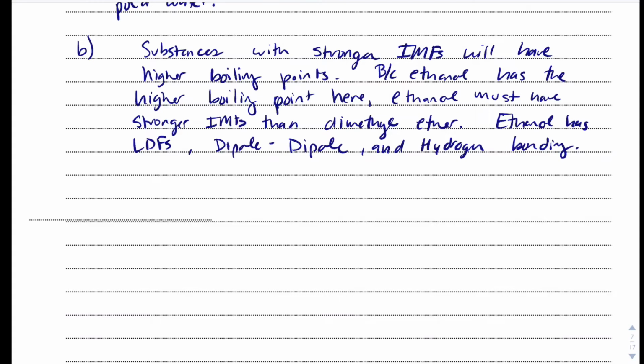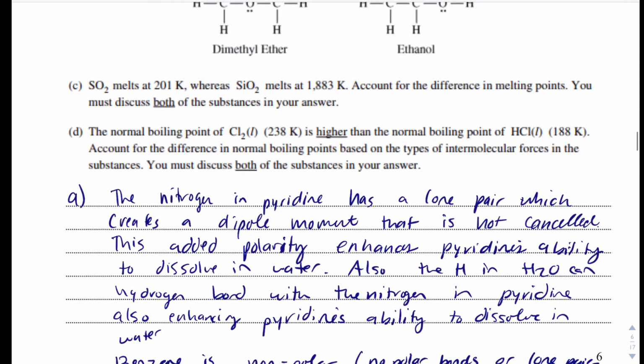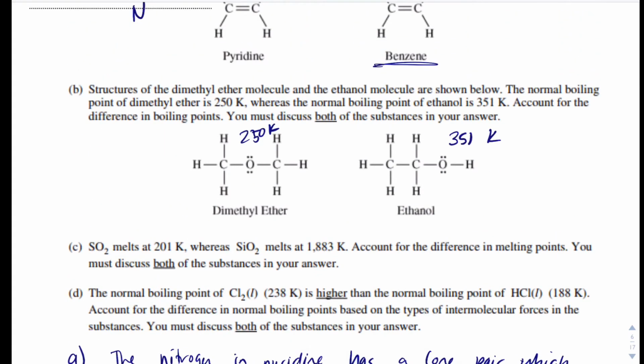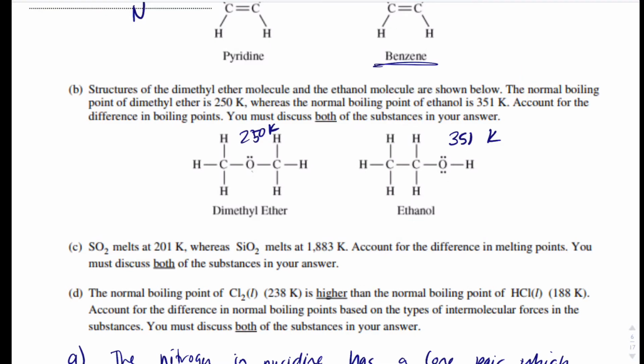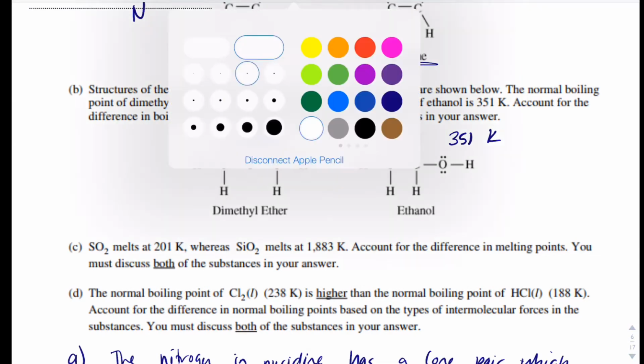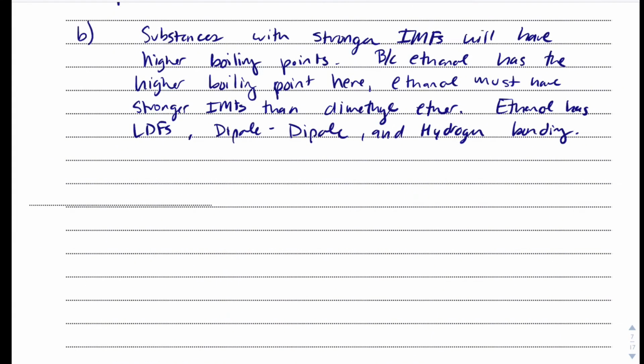And then I would say dimethyl ether only has, and this isn't a great representation, I don't like when AP does this, these lone pairs make it seem like they'll cancel out, but they really won't, because this is going to be a bent oxygen molecule, so we really have our lone pairs like this, where they don't cancel. So I'd say dimethyl ether has LDFs and dipole.